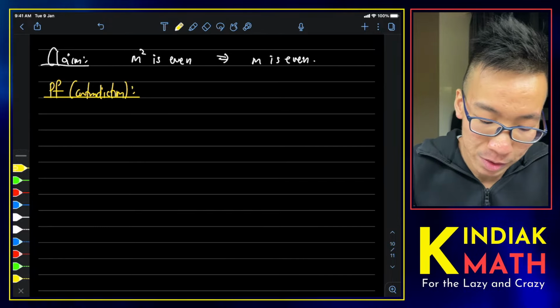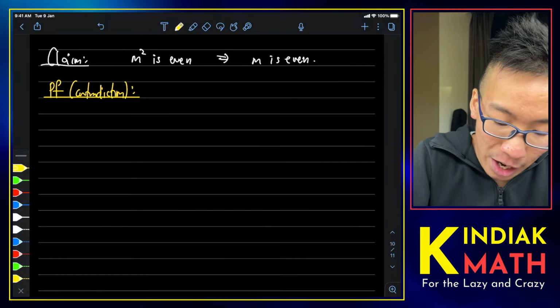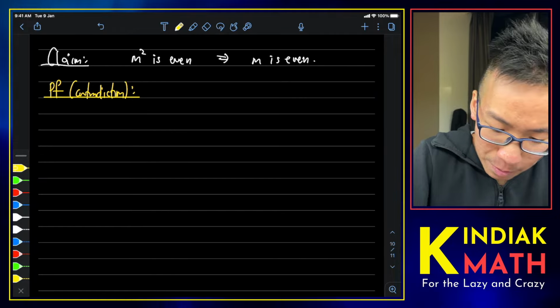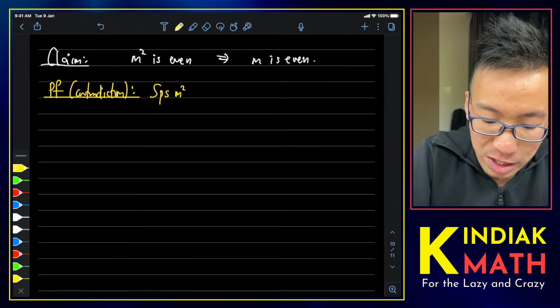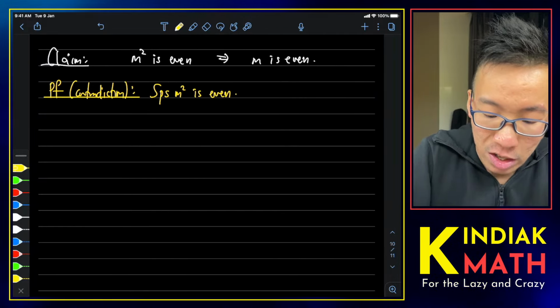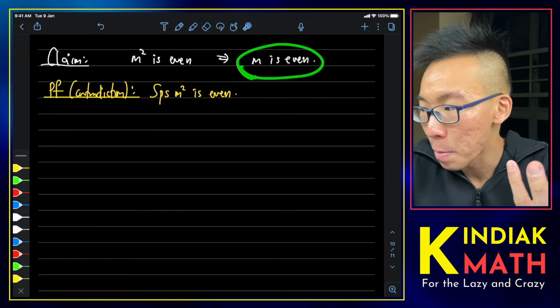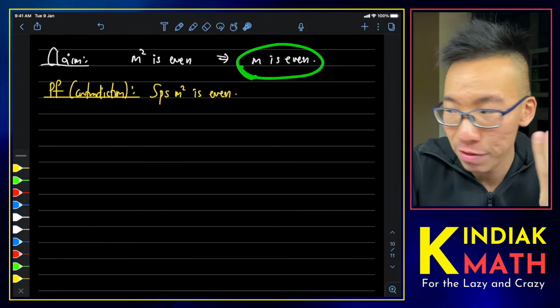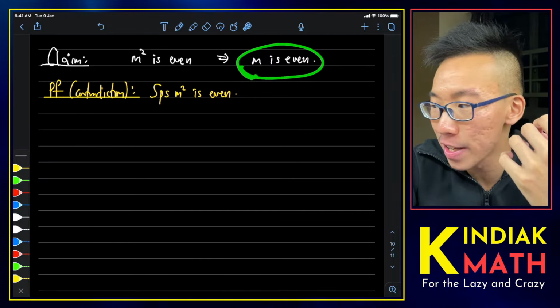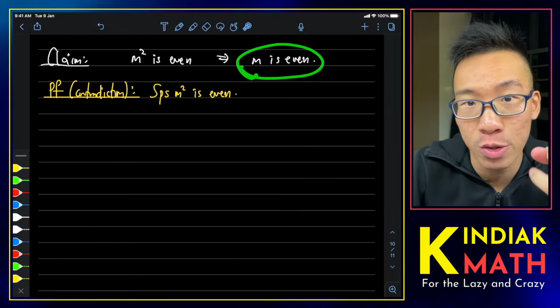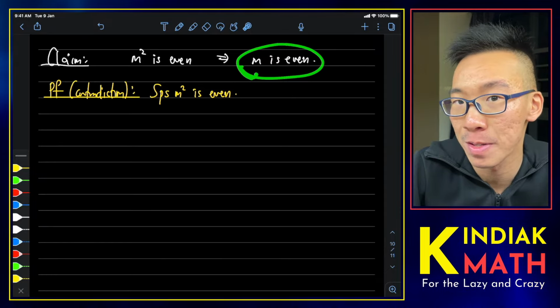So here's the idea. We are going to claim this thing, so we need to suppose the hypothesis. This is the conclusion that we want to achieve. Contradiction says if this conclusion is false, we will run into problems. Does that make sense?